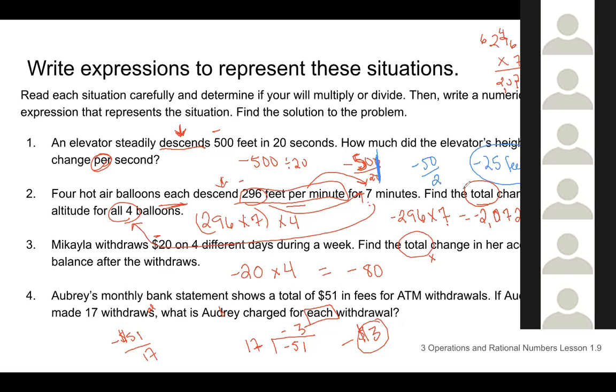So we have to remember that while total means addition, multiplication also means repeated addition. I'm doing addition, but much faster. So that's what we're going to multiply in that case. Okay.